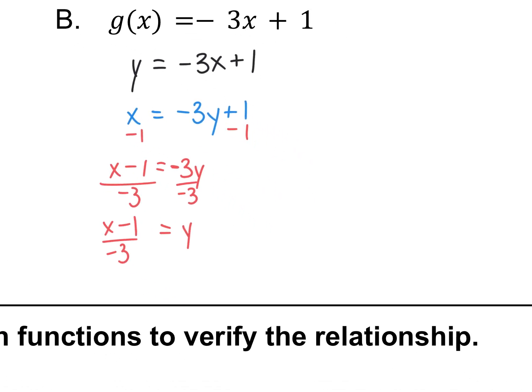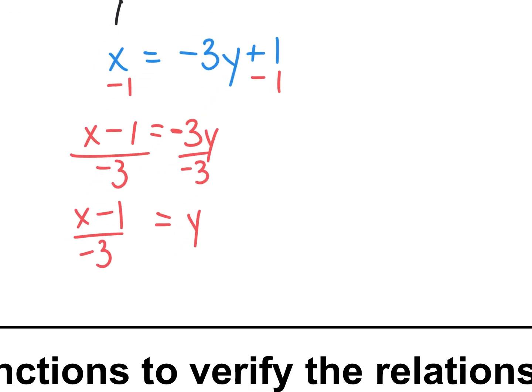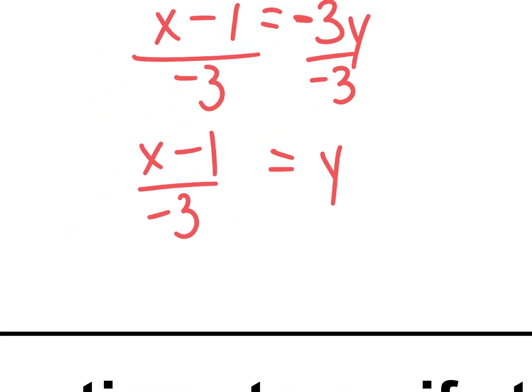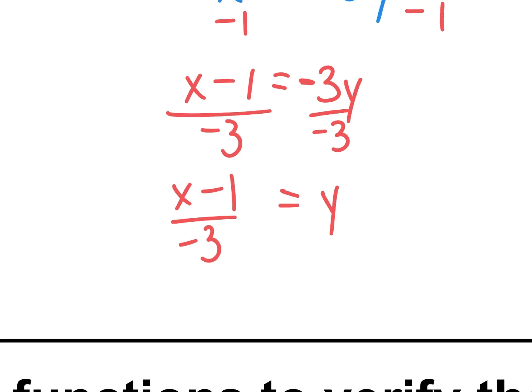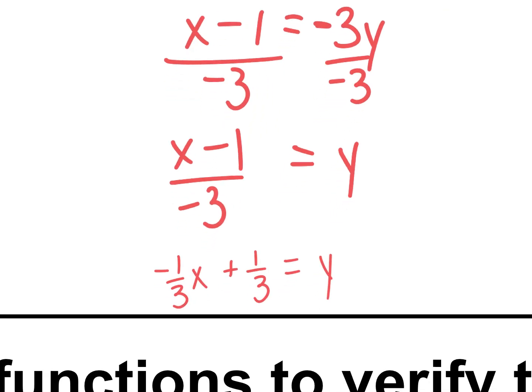The other way that we could write this is we could make them 2 separate fractions because they both have a denominator. The x and the -1 are both over a single denominator, -3. So this would be the same thing as -1/3 x, and then -1 over -3 would be +1/3.